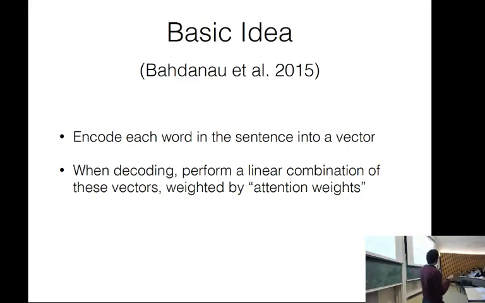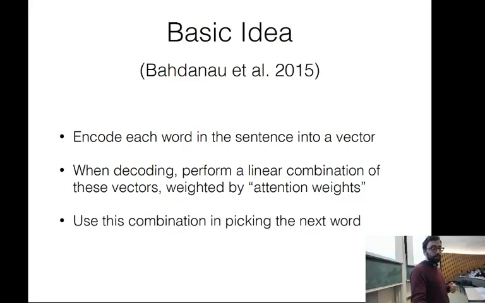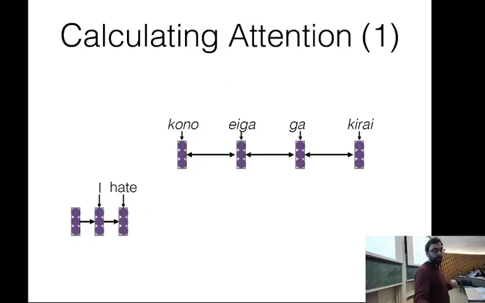What we use in this attention idea is a linear combination of all those vectors, and the weights that we will use are these attention weights. We'll see how we can compute them. This linear combination will provide you with the context that you might need in order to generate the next word.